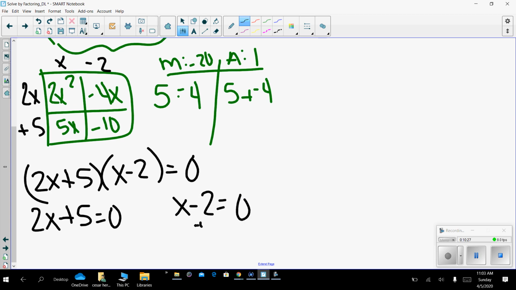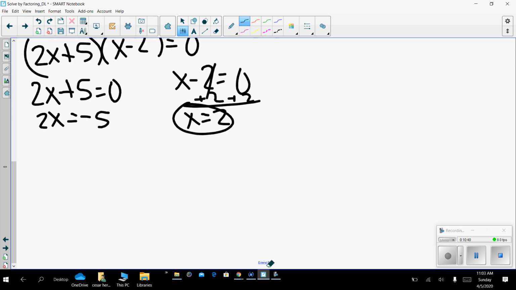Well, this one, remember that we just have to add 2 to both sides. So this is x is equal to 2. And on this side, we have to move the 5 over. So 2x is equal to negative 5. And then when we divide by 2, x is equal to negative 5 halves.